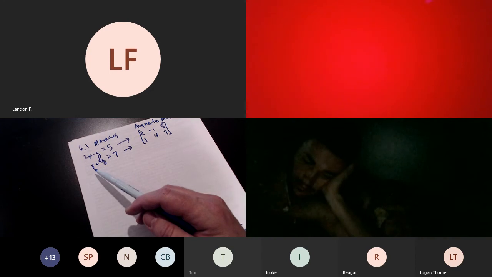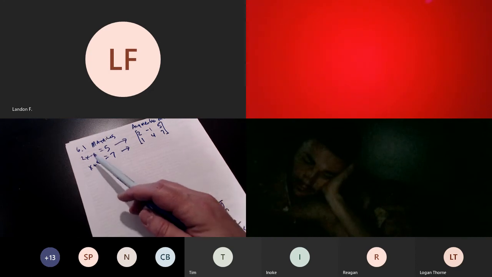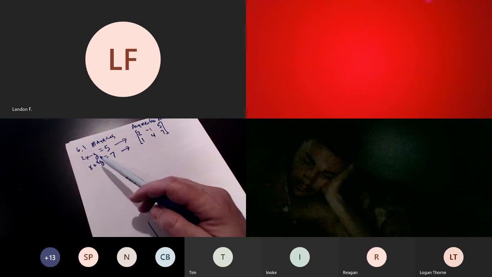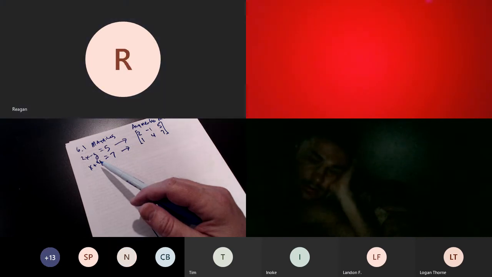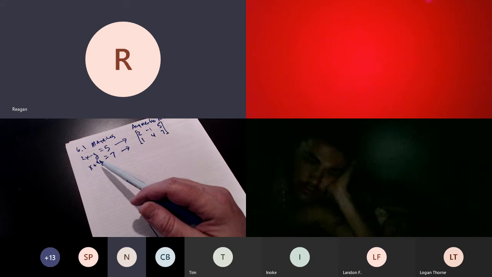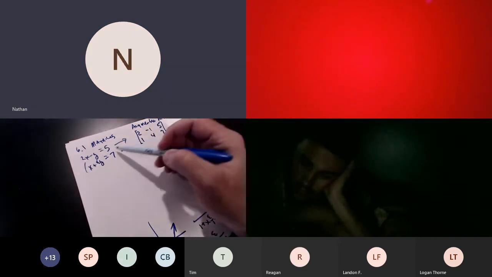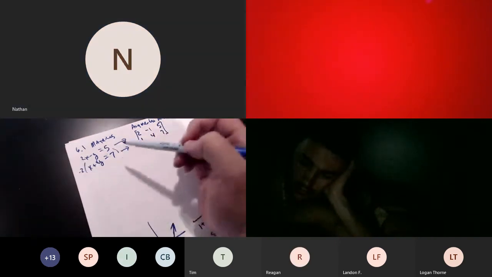Using elimination. I could either eliminate the x's or the y's. How would I do that? Multiply -2 into the bottom equation. So I could multiply the bottom equation by -2.